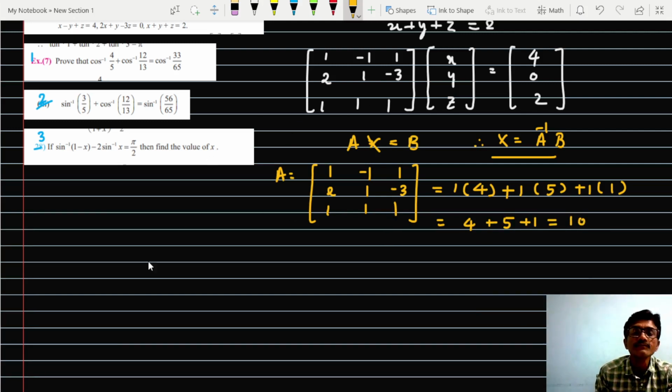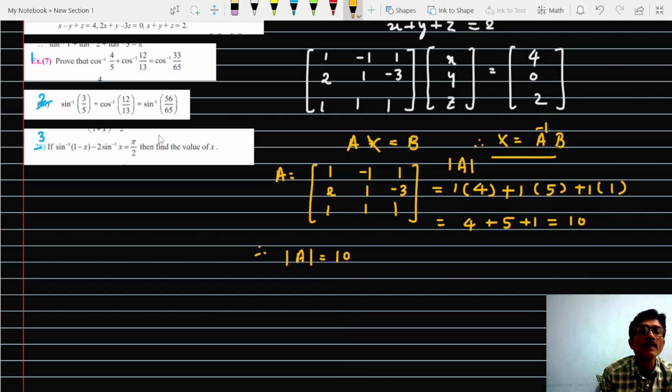This is the determinant of A. Therefore determinant of A is equal to 10. Now we find all minors and cofactors.